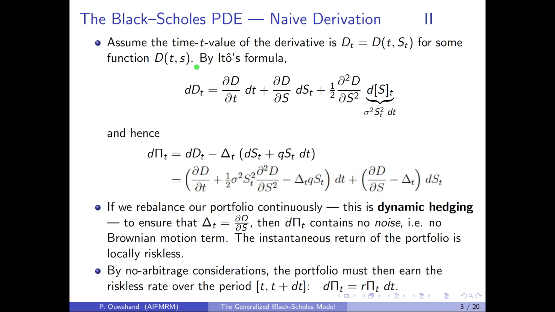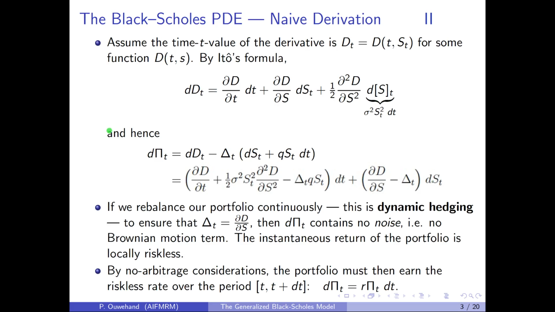In that case, by Ito's formula, dD_t is partial D by partial t dt plus partial D by partial S times dS plus a half partial squared D by partial S squared times d of the quadratic variation of S. Of course, d of the quadratic variation of S is just sigma squared S squared dt.